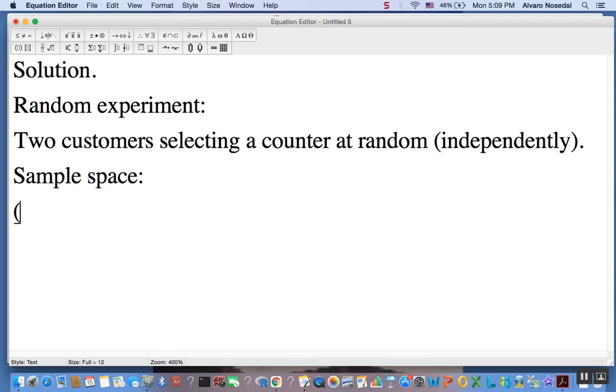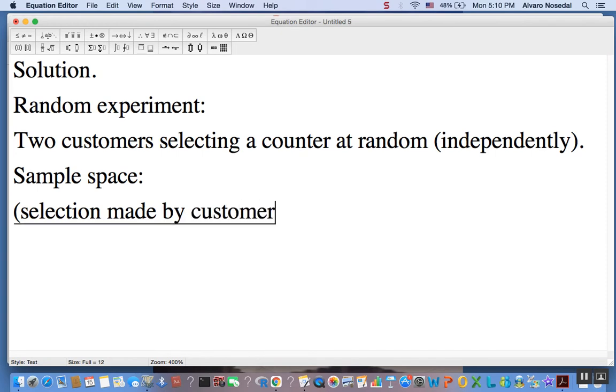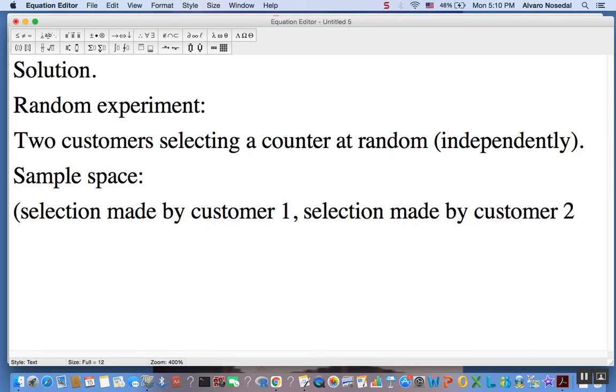The first coordinate represents the selection made by customer 1, and the second coordinate represents something similar, but it's the selection made by customer 2. So I'm going to be using points in the plane to denote the outcome.